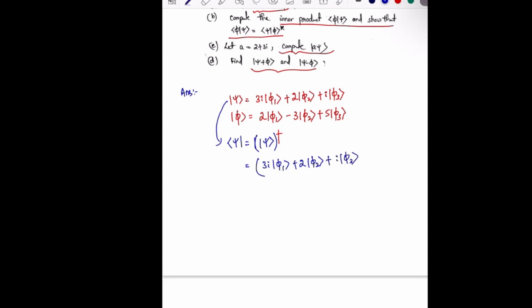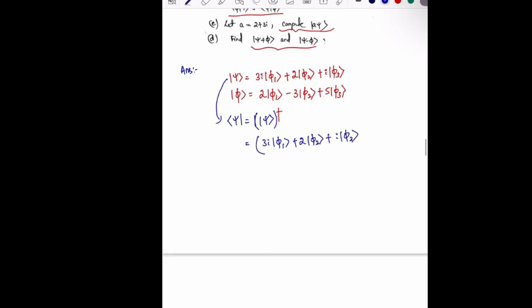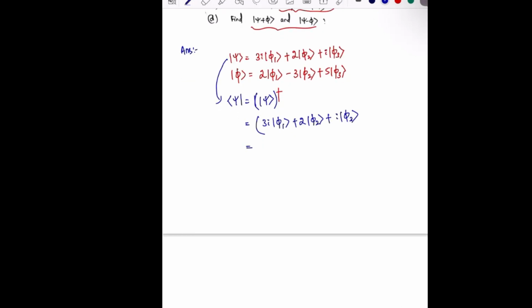So now if you want to find out the dagger of this, the bra vector, then simply replace. Let me write clearly.